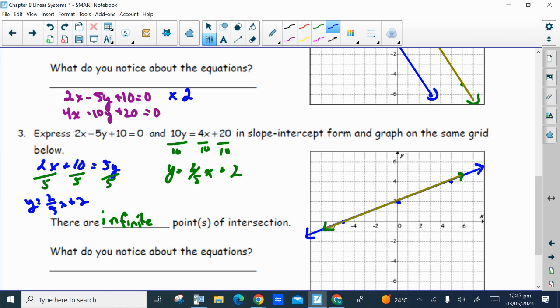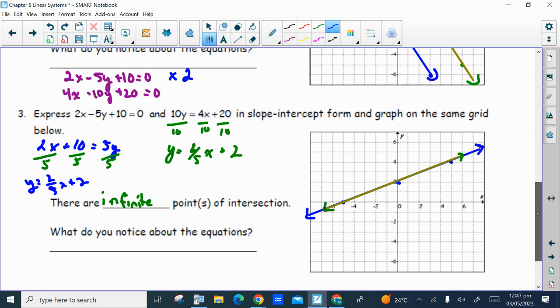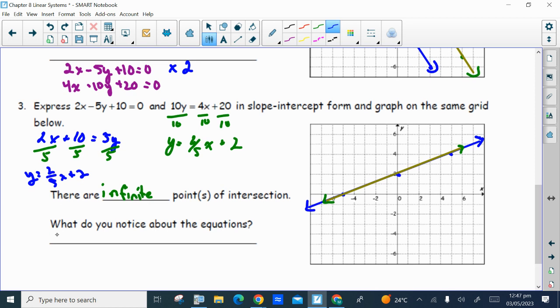When one equation is an exact multiple of the other, when you put them in slope-intercept form, you're going to get the same equation once you simplify it. So in this case, what do we notice about the equations? They are multiples of each other.